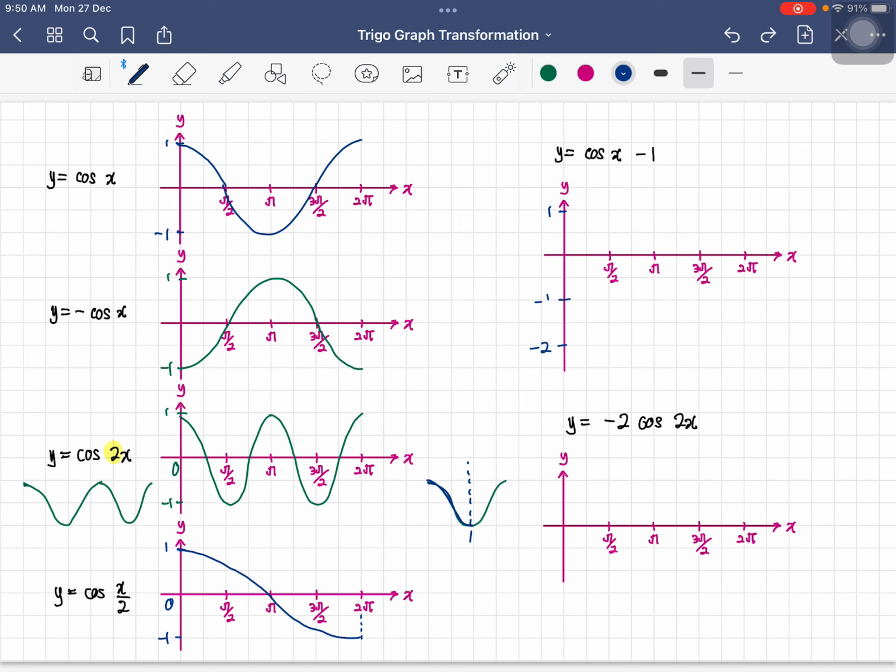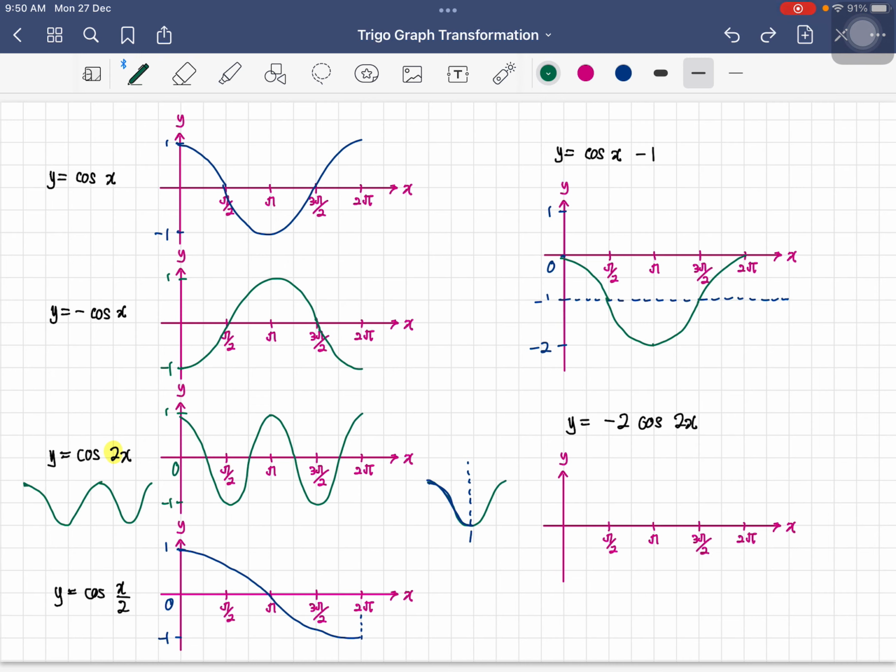So you will start your graph of cos at 0 here, and cos of x, which is -1, means you'll have your axis here. It will be something like this, and then it goes to this. Instead of having this one, you now shift it downwards by 1 unit. So we'll have cos of x minus 1.